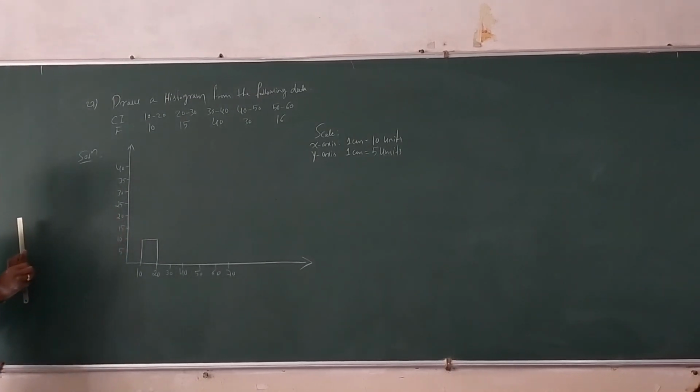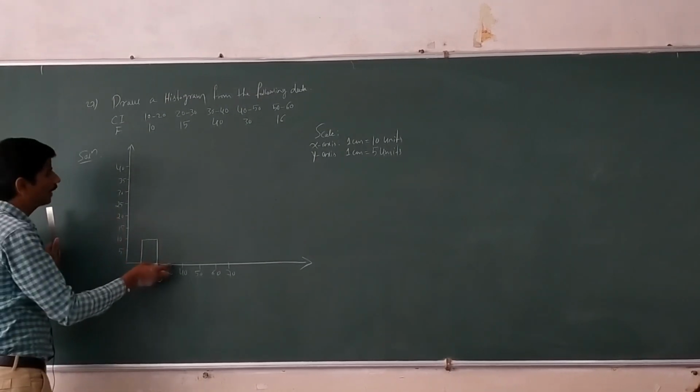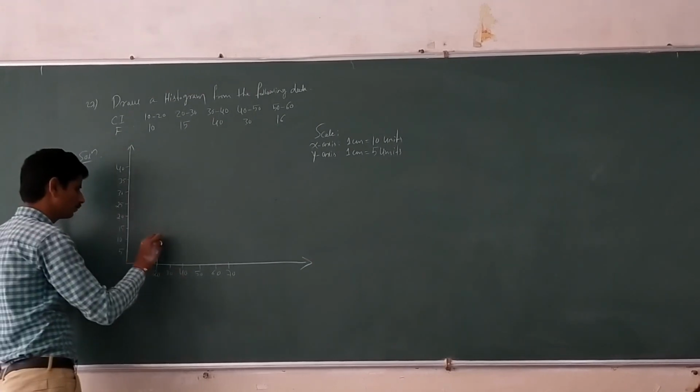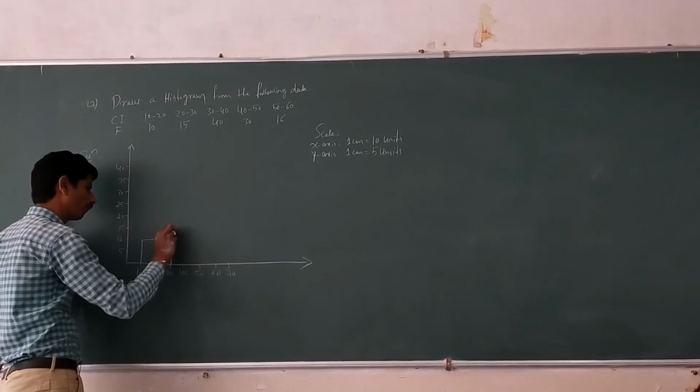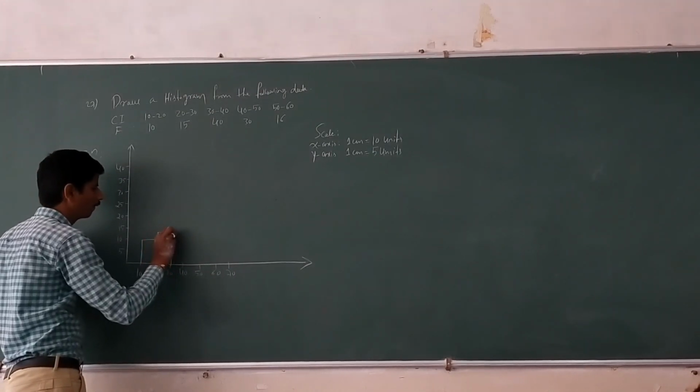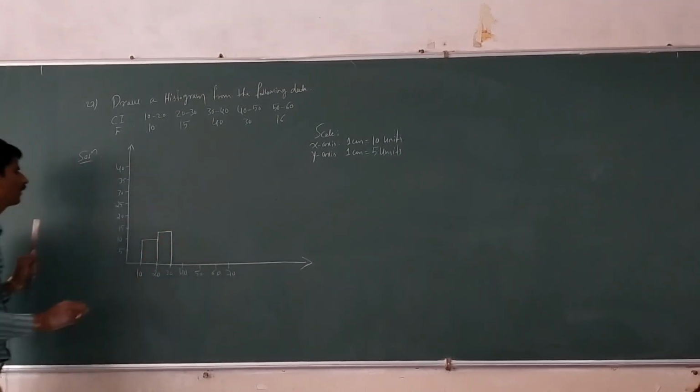The next, second rectangle, that is 20 to 30, is 15. The next, third one, 30 to 40 rectangle is 40.